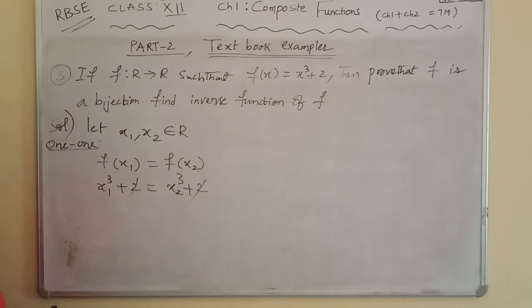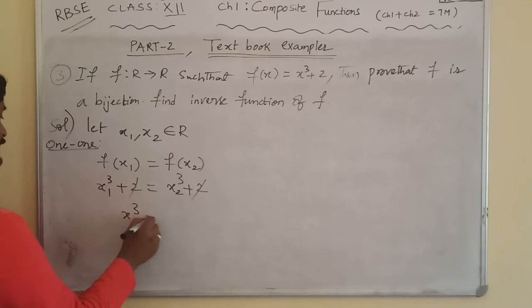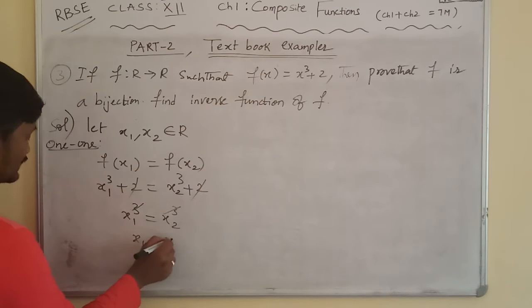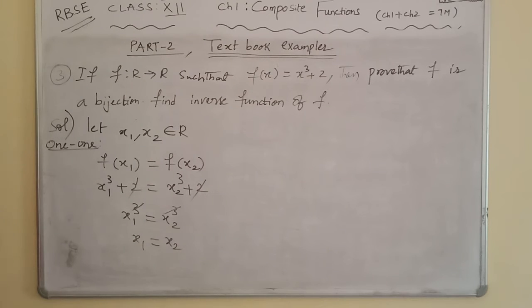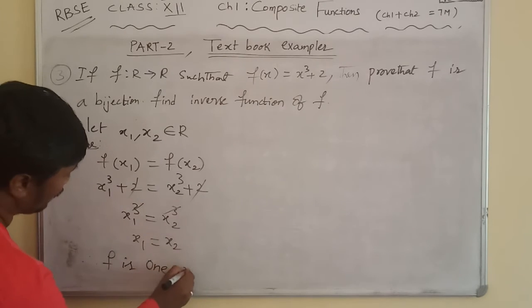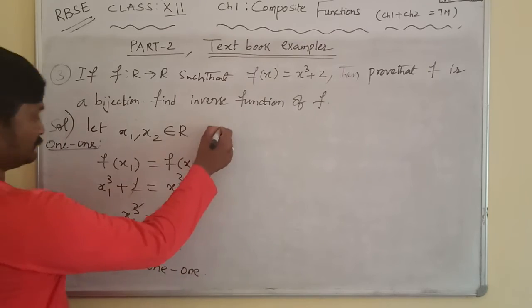Now the 2 gets cancelled. x1 cube is equal to x2 cube, the cube cancels, so x1 is equal to x2. Therefore f is 1 to 1. So 1 to 1 is proved.